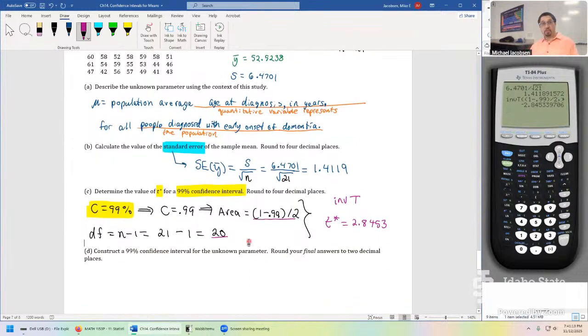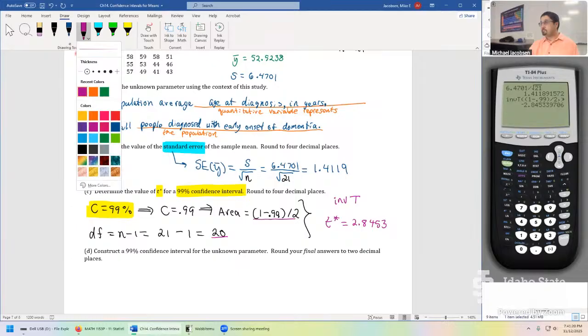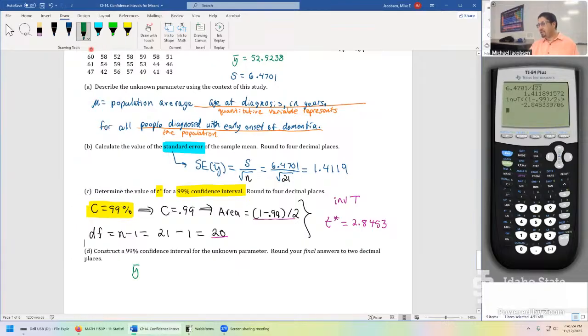Last thing is just to put the whole confidence interval together. Formula you would need for this one is going to be y bar. Let me get my colors going. Y bar add or subtract that critical number we just computed, T star, here it is, multiplied by standard error of y bar.